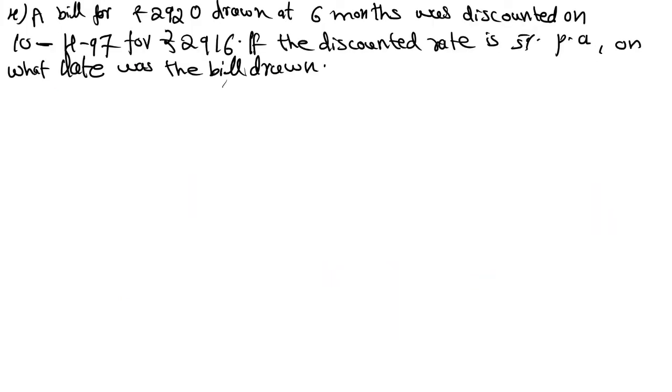See the next question. A bill for rupees 2,920 drawn at 6 months was discounted on 10/4/97 for rupees 2,916. If the discount rate is 5% per annum, on what date was the bill drawn? Write the given data. Face value equal to rupees 2,920, drawn at 6 months, that means bill period equal to 6 months.